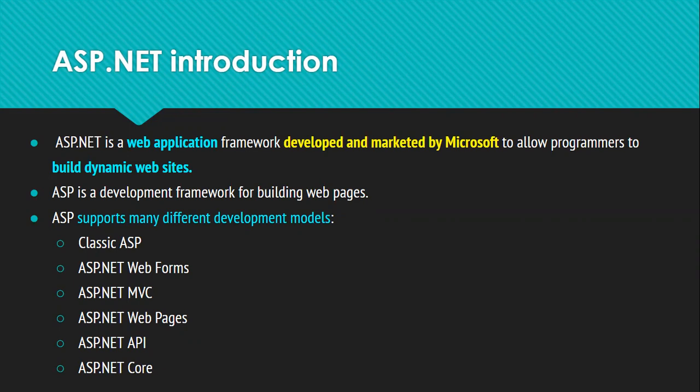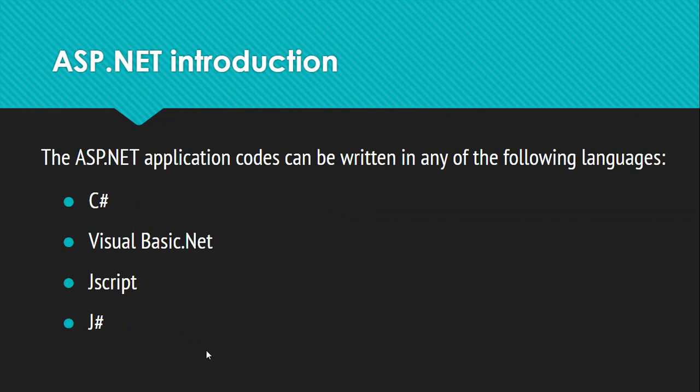It supports many different development models like classic ASP, ASP.NET Web Forms, ASP.NET MVC, web pages, API, core, etc. ASP.NET application code can be written in any of the following languages: C Sharp, Visual Basic.NET, JScript, or J Sharp.